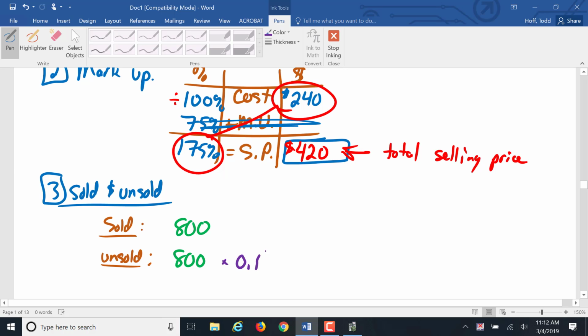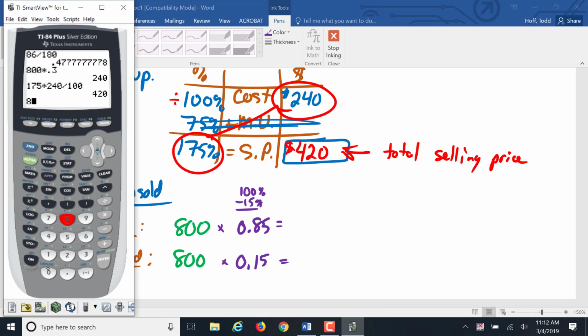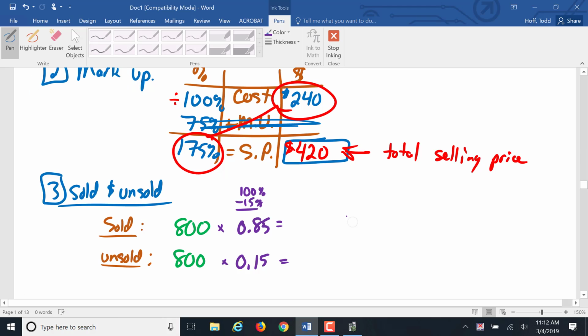So that's 0.15 unsold. So if 15% are unsold, 100% minus 15% would be 85%. So 0.85 for those that are sold. So 800 times 0.85 is 680 sold. 800 times 0.15 is 120 that go unsold.